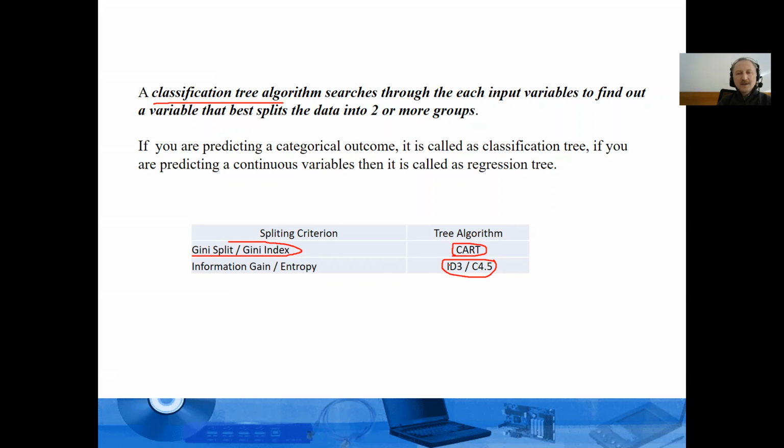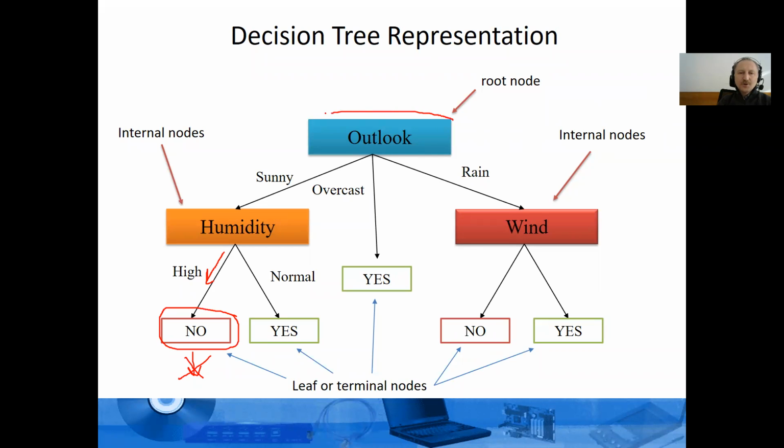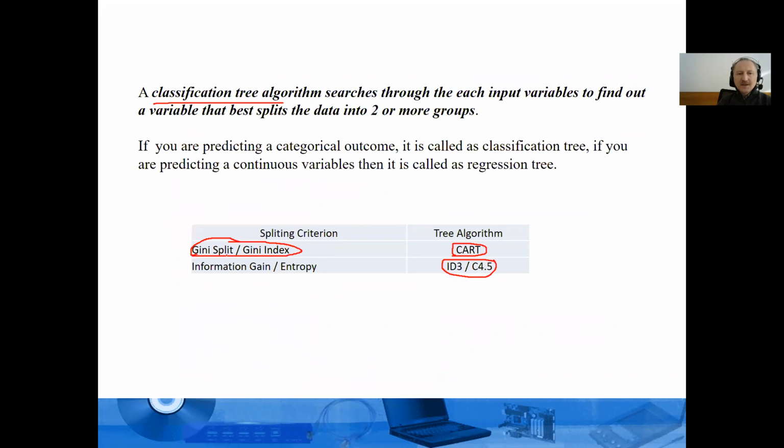For example, the CART decision tree algorithm uses the Gini index to find the best splitting point. For example, to find this node, which technique is it using? For these other algorithms, they use information gain and entropy. Today, we will talk about information gain and entropy.